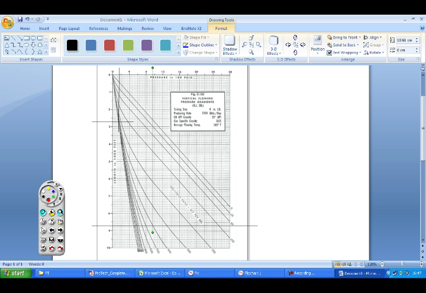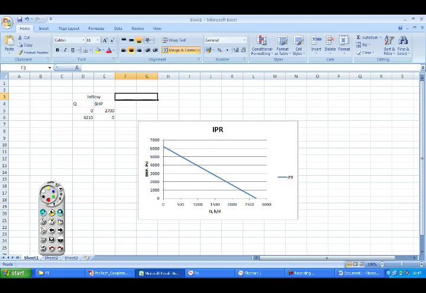Right? Okay, so this means that if I want to produce 1000 barrels of oil per day, I need to have my bottom hole pressure at 960 psi.